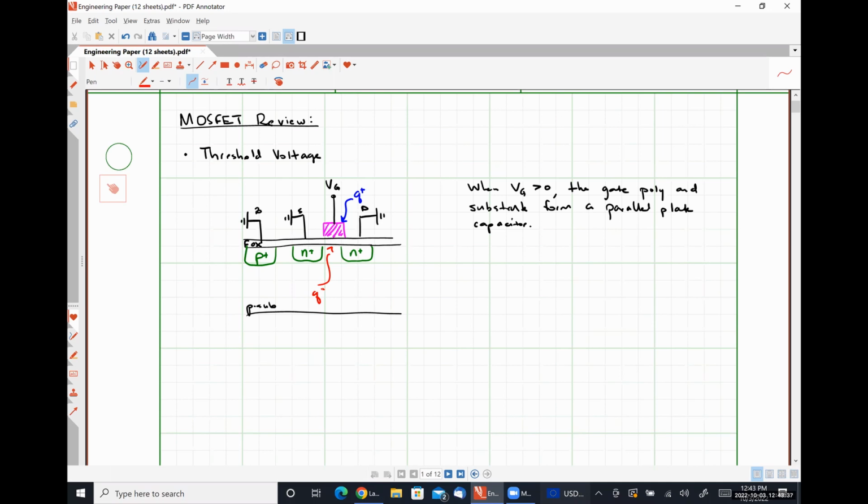Because if we have a fixed voltage drop across this capacitor and we allow things to come to steady state, the charge on the top plate has to equal the charge on the bottom plate. There's going to be equal and opposite.